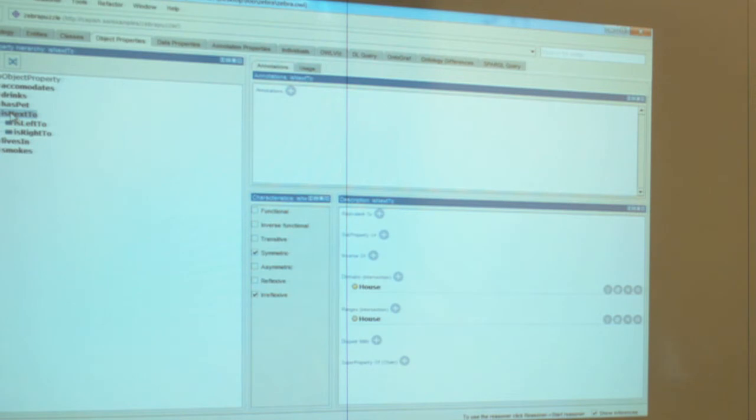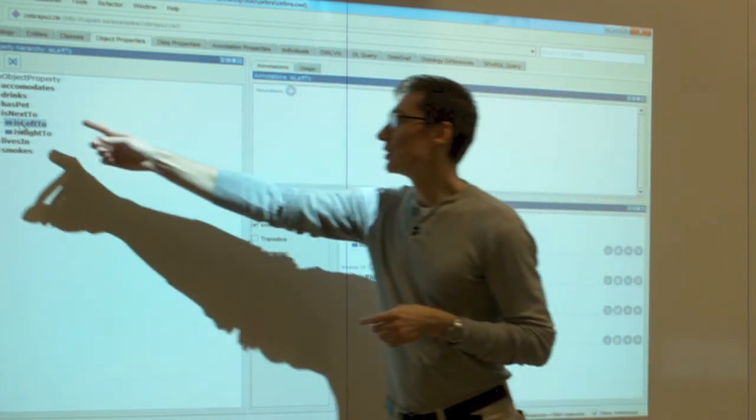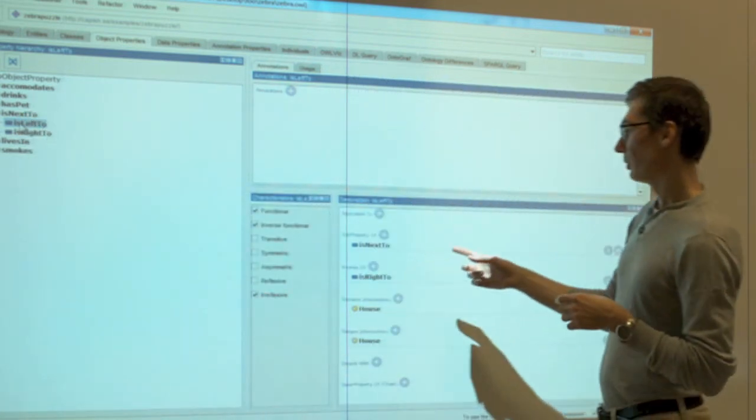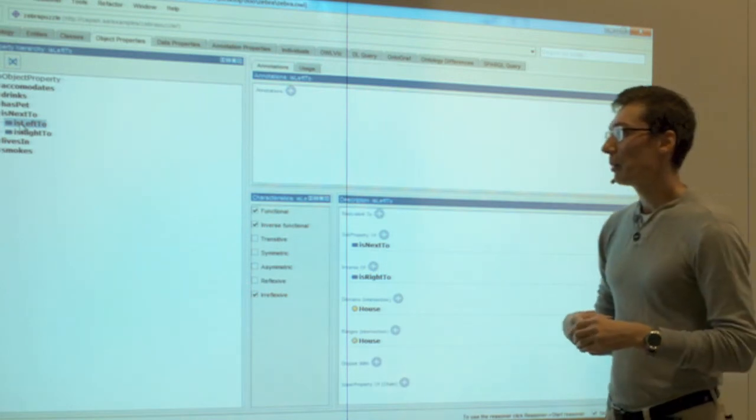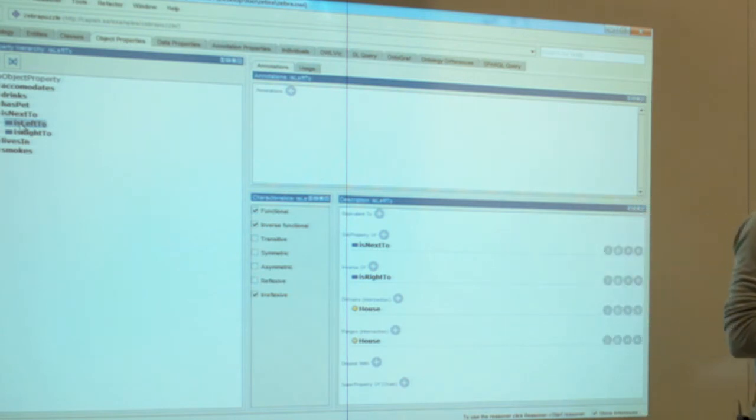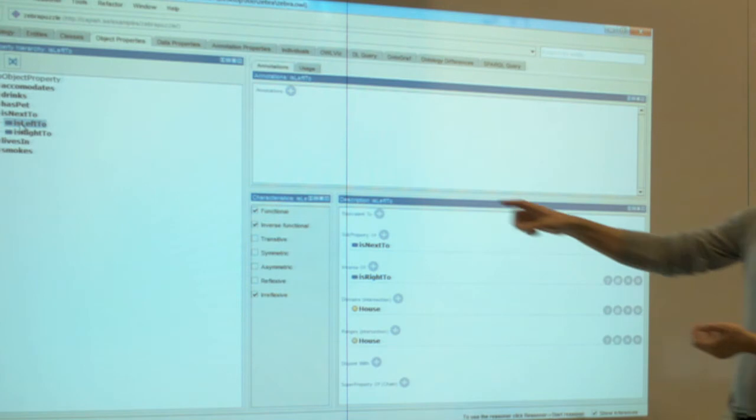Now, the left to, right to. They are in a relationship with the property is next to. The relationship is called subproperty. What does this relationship imply? It means that if something is left to something, then it's also next to it. And the same here.